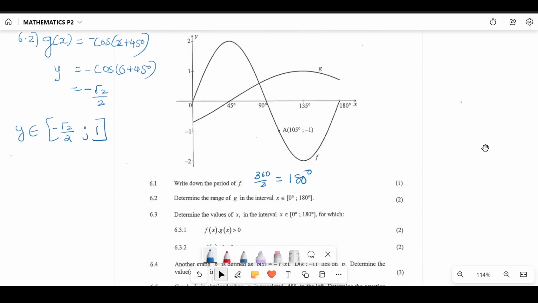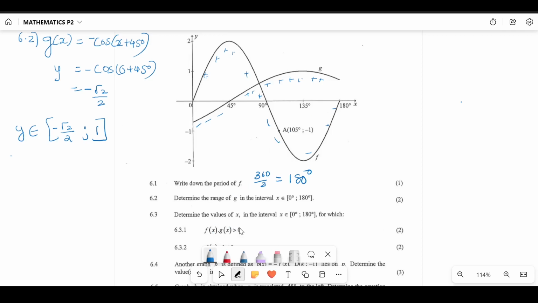Now determine the values of x in the interval x from 0 degrees to 180 degrees for which f of x times g of x is greater than 0. So you check where it is negative and positive. This is where g is negative, and after the 45 degrees g becomes positive. Here f is already positive. All these places it's positive, positive, positive, and here it's negative.